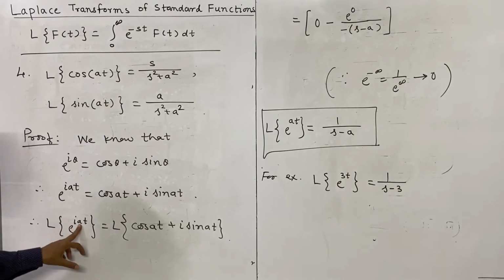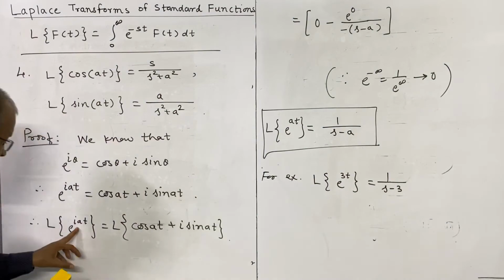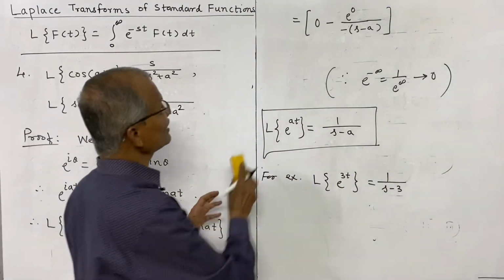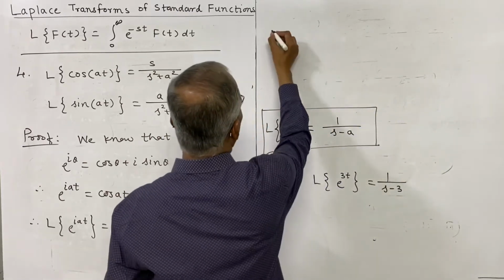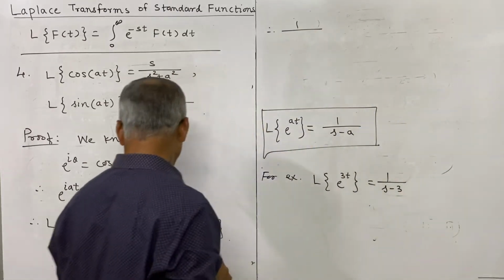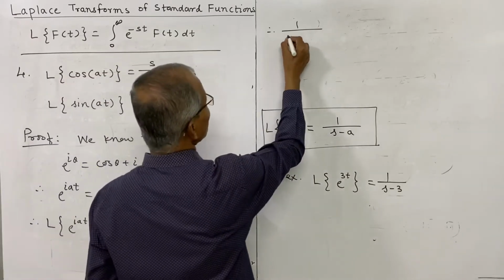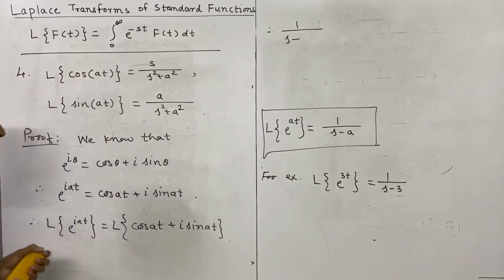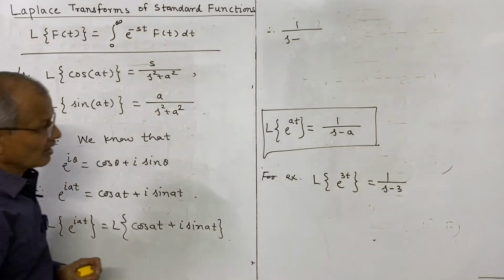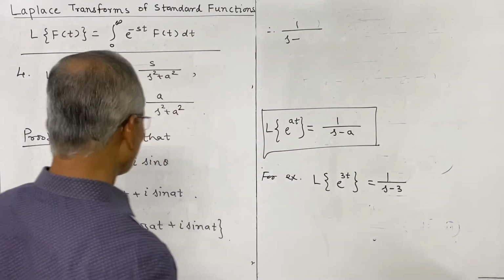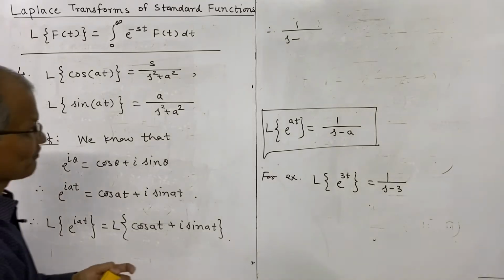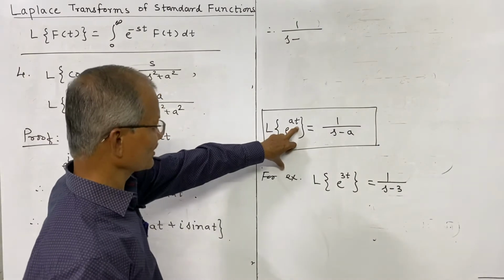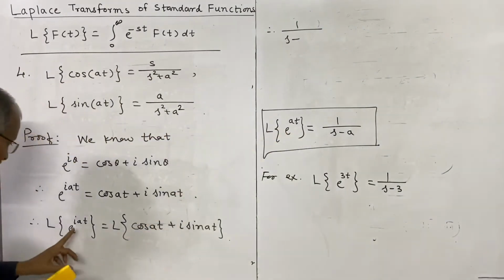This can be written as a into it. So here in place of t, here it is i into t, and therefore the left side transform is 1 upon s minus, what is in place of a, here it is ia. T we should fix, and in place of a, here it is ia.